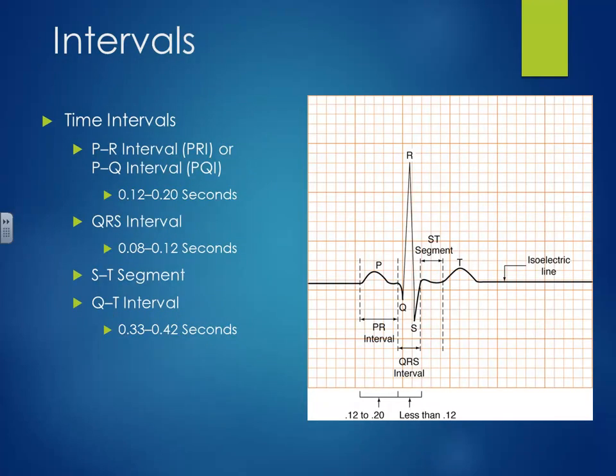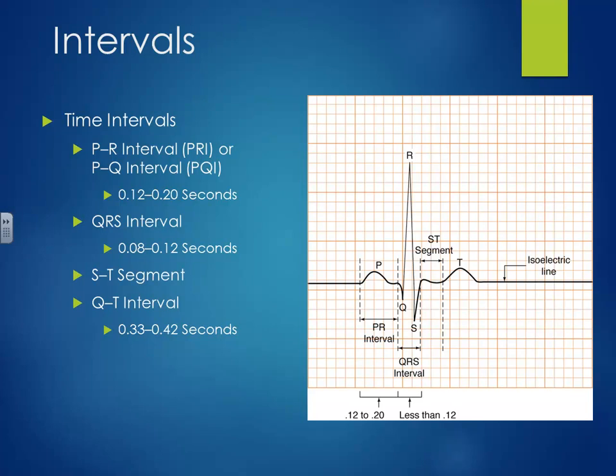So, just really quick, the P wave is going to show you what? Atrial depolarization. All right? Do we need to go back and talk about depolarization and repolarization? Everybody understand that? Depolarization, the contractile force of the myocardial cells. Repolarization, the relaxation. All right?